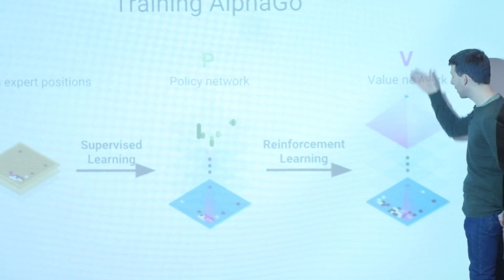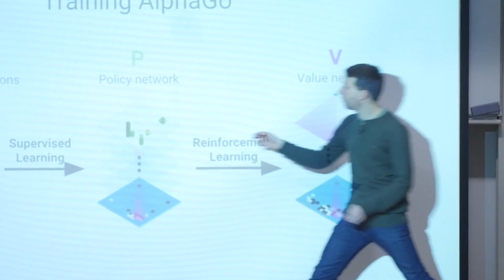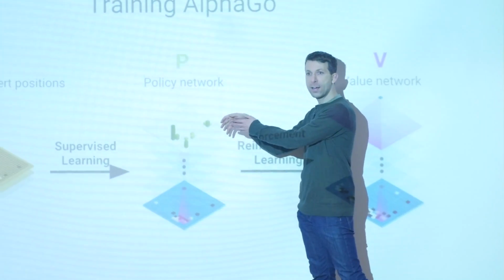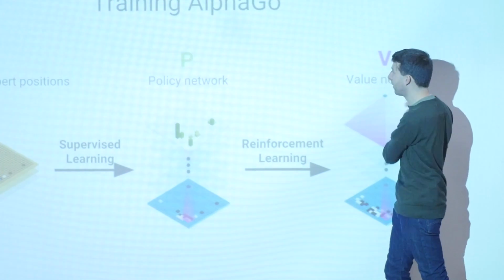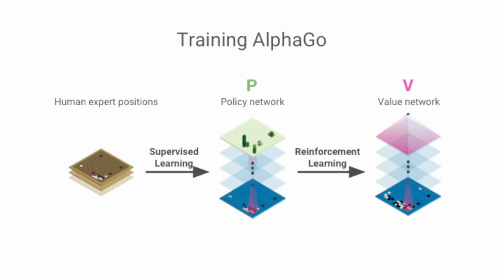What we did was we built a value network which, from each of these games, it was kind of like a Monte Carlo learning of the value function. That we played the policy network against itself, and we looked at the outcome. And then from each of the positions that we encountered in that game, we asked the neural network, the value network, to predict who was going to win.